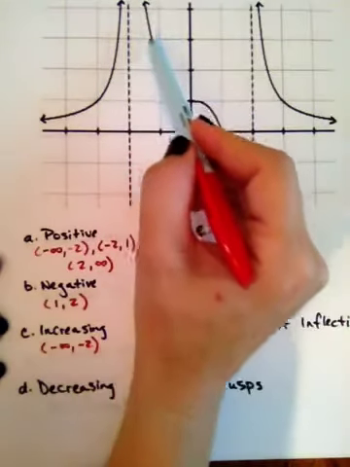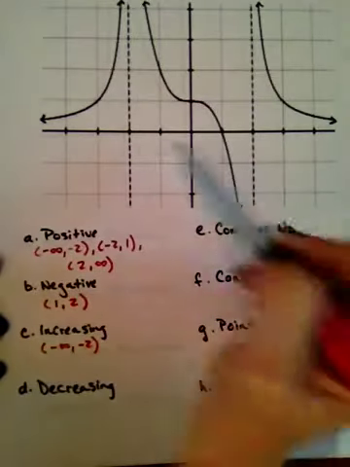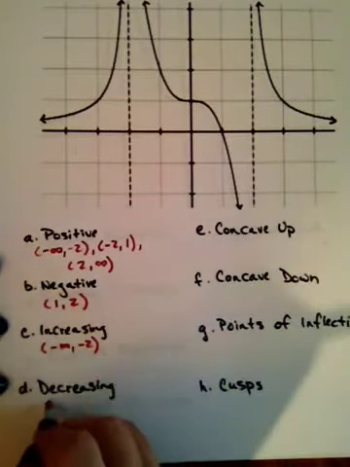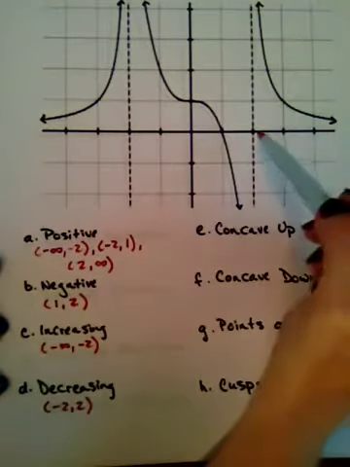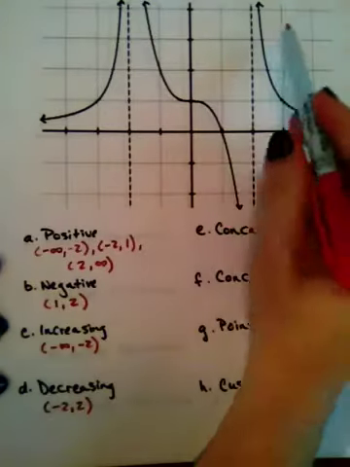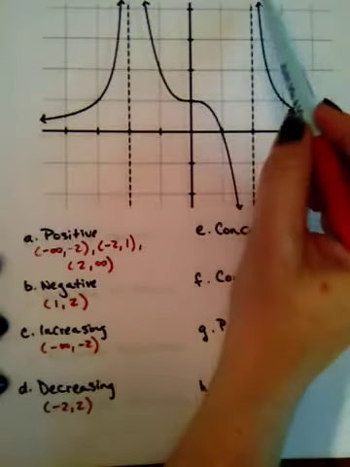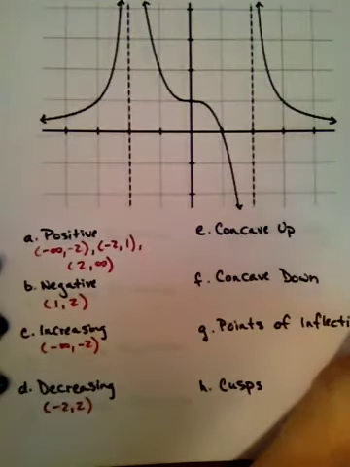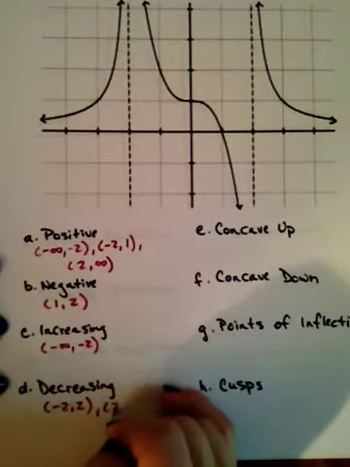So it's decreasing from -2 all the way to 2, not including either one of these values because of the asymptotes. So -2 to 2. After 2, you can see that the graph is decreasing again. It starts up really, really high towards positive infinity and comes down. So I'm going to say we are decreasing on 2 to infinity.